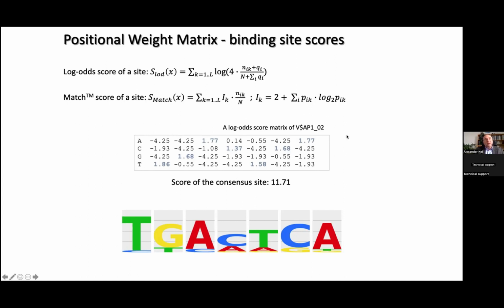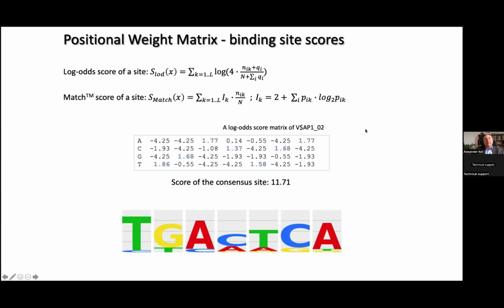So you take this matrix, put it on the sequence, and simply sum up those values, and you get a certain value. We call it a score, a log score. If this value is high, then we can say that this sequence is very similar to the binding sites of a given transcription factor.